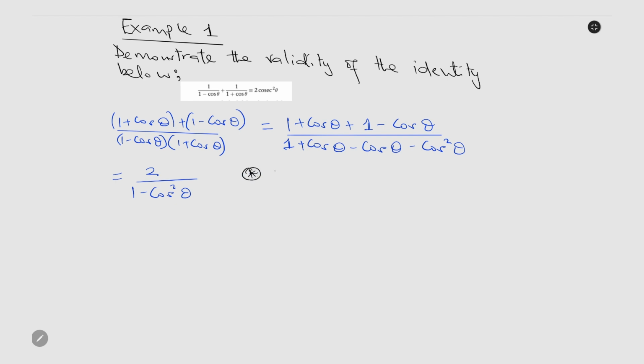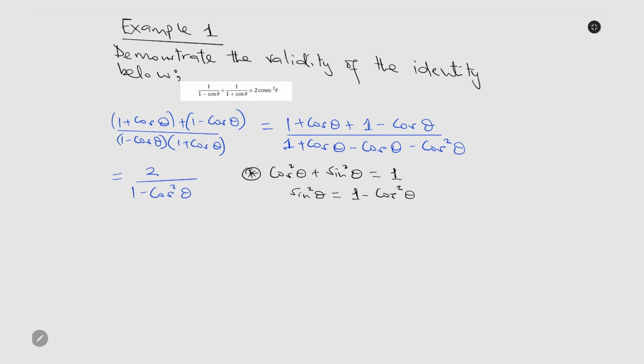Our fundamental trig identities, we have that cos squared theta plus sine squared theta is 1. And now, in this denominator, we have 1 minus cos squared theta. So look at this. Sine squared theta is 1 minus cos squared theta, just from the fundamental trig identity.